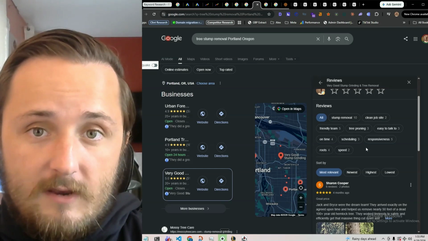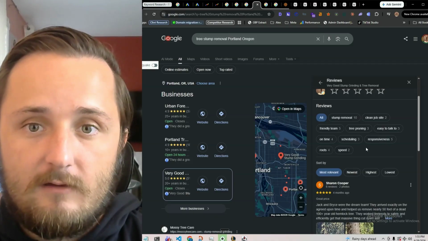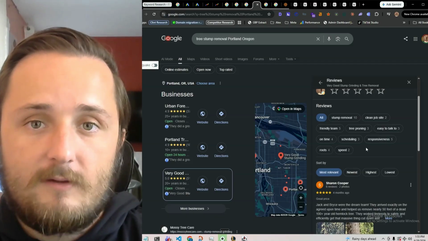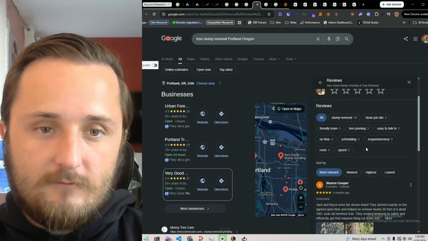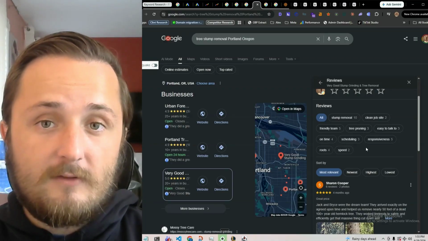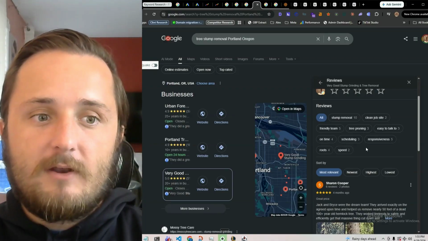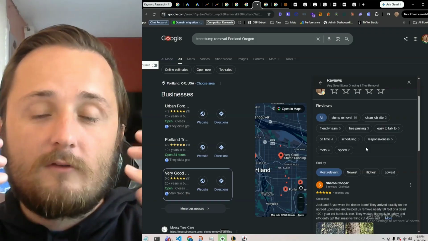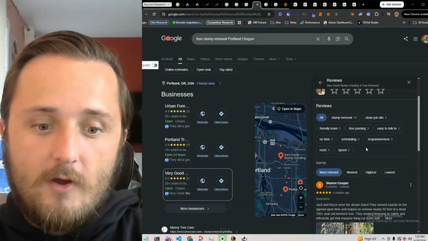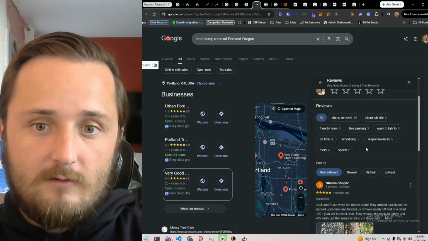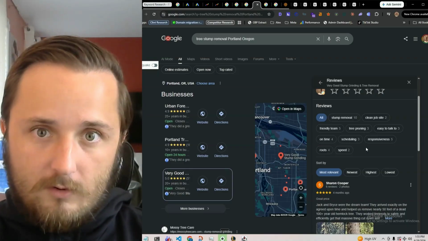From all this review data, I can also get a better understanding of how people talk about the service. When someone goes to write the review, they leave information of how they think about the service, and I can get a better understanding of what they would search and how I can target those search terms from all of this review data, because they're writing it in their own words.